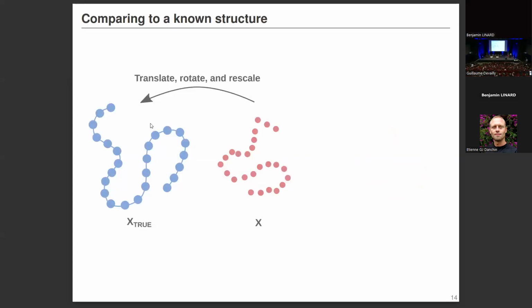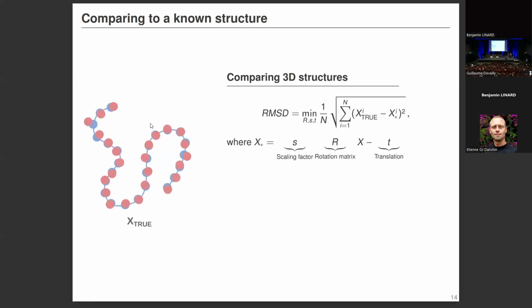The small thing that we need to take into account is that these structures are typically defined up to a rotation, translation, and rescaling factor. But comparing these 2 structures is something that we know how to do well because protein structure inference has done it before us.